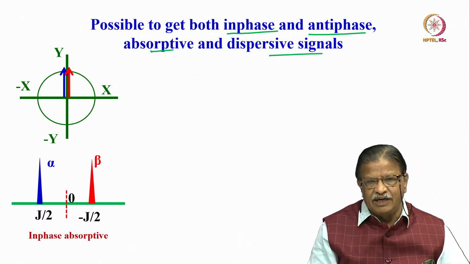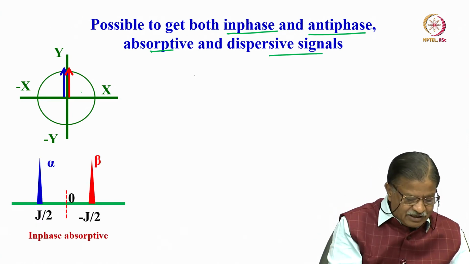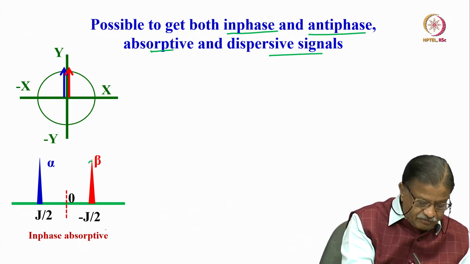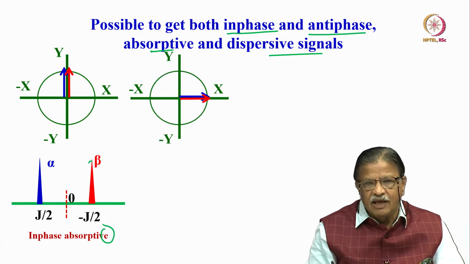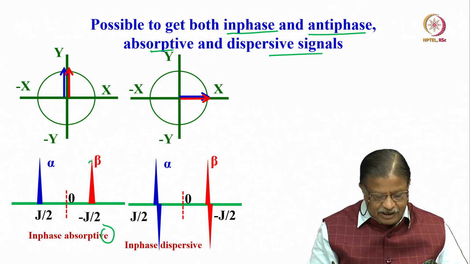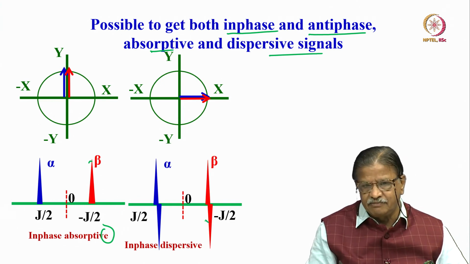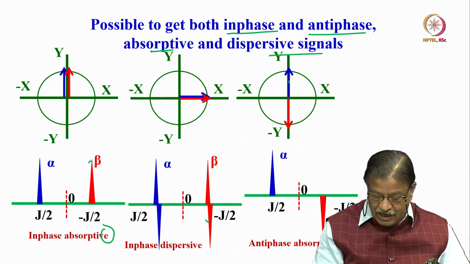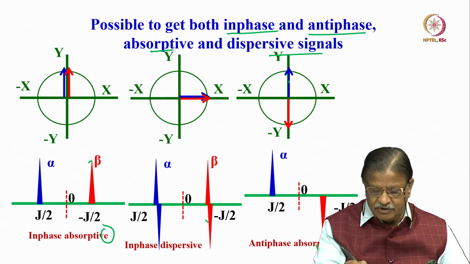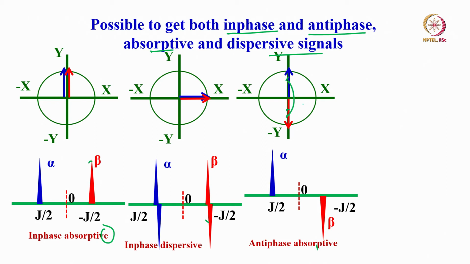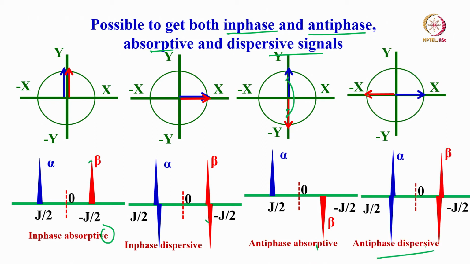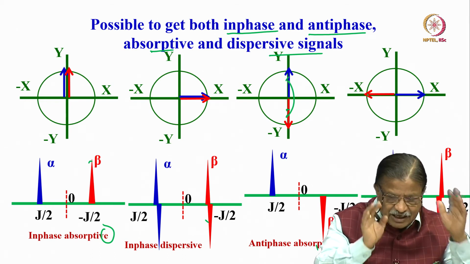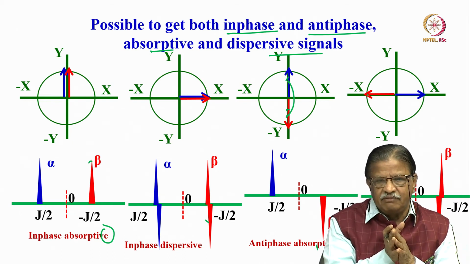Without going more into detail, I tell you. Now the signal is like this. This is called in phase absorptive. Both are in phase. And both are like this, 90 degree. This is in phase dispersive. This is anti phase absorptive. See, both signals are opposite like this. Now if signals are like this, this is anti phase dispersive. This is just the J component, the J split doublet I am talking about.